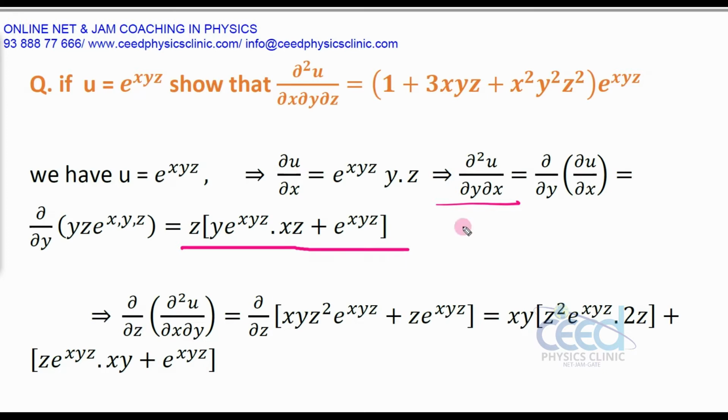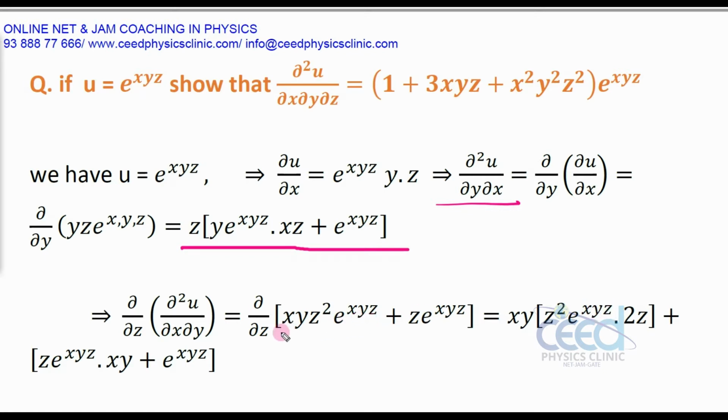So dou by dou z of this particular result that we have already seen here, that is, I can write by multiplying, xyz square e raised to xyz plus z e raised to xyz, right? So with respect to z I can take xy as a constant, xy into z square into the differentiation of e raised to xyz with respect to z.